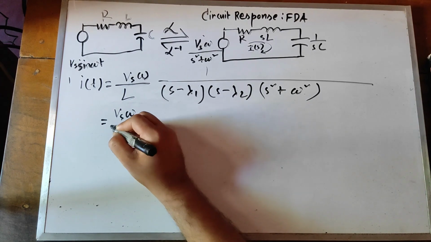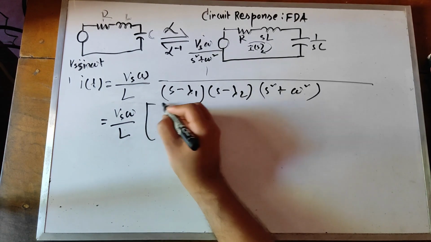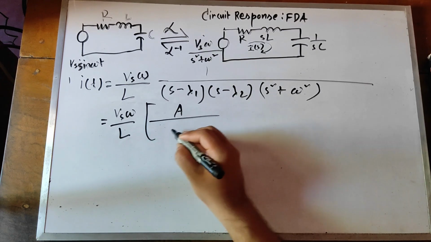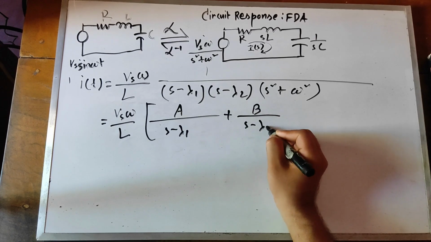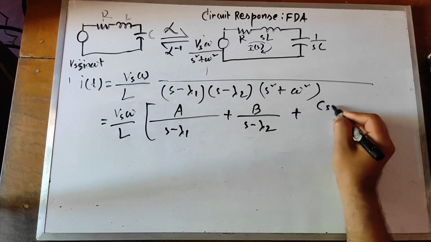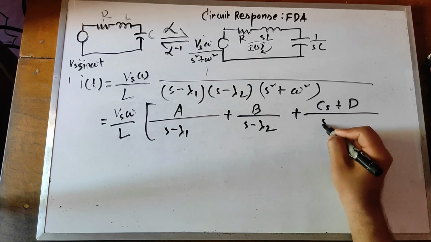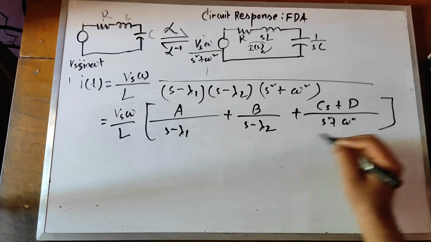So Vs by L, say A by s minus lambda 1 plus B by s minus lambda 2 plus Cs plus D by s squared plus omega squared.